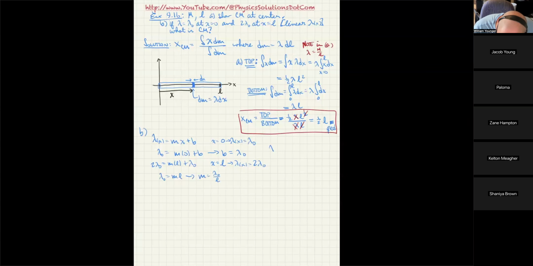So our lambda of x is supposed to equal specifically lambda 0 over L times x plus lambda 0, which you could also write as lambda 0 times x over L plus 1. So that's a way of doing it.